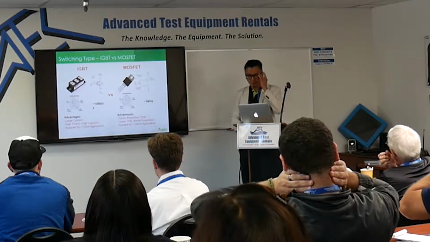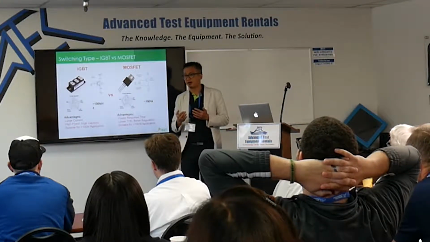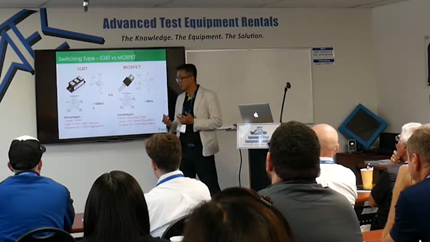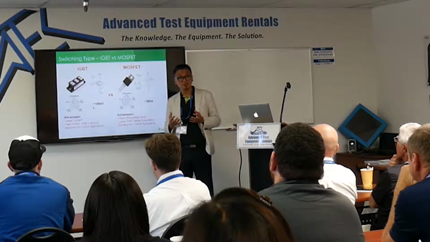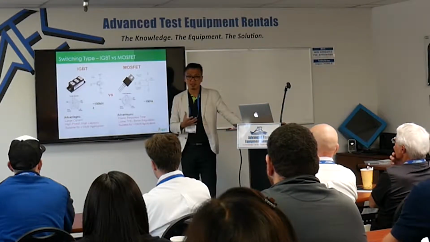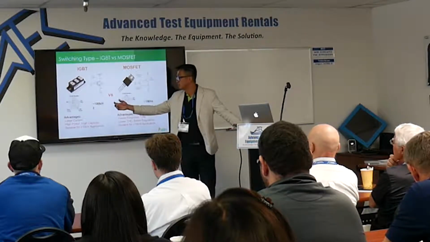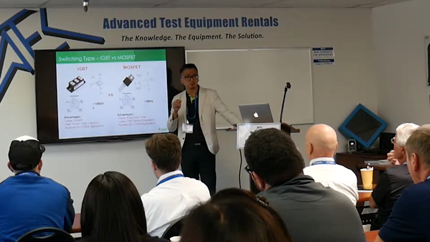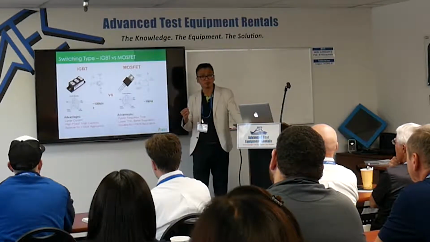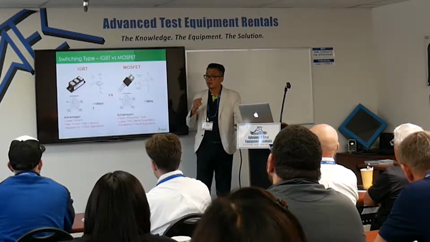So that's an application. If we compare IGBT and MOSFET, IGBT usually has larger current. A lot of EV cars nowadays are using IGBT technologies, but they don't have very high switching frequency. MOSFET usually can go up to higher frequency, up to 1 megahertz, so very high frequency.